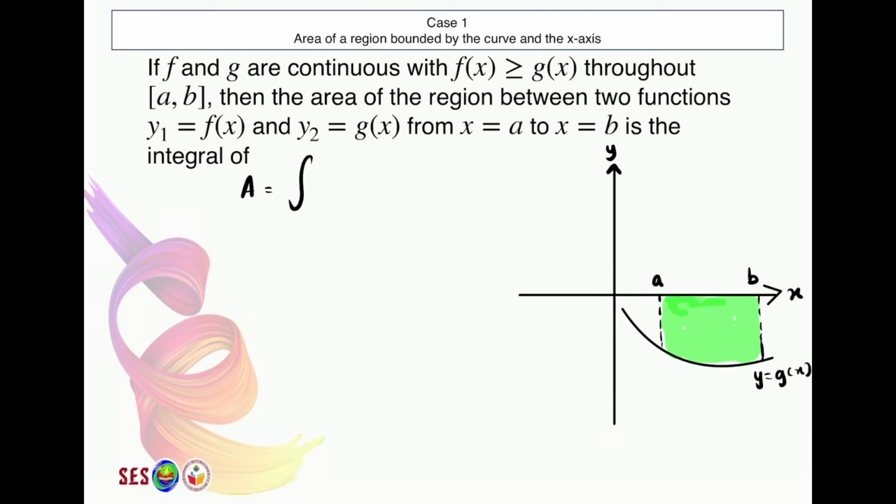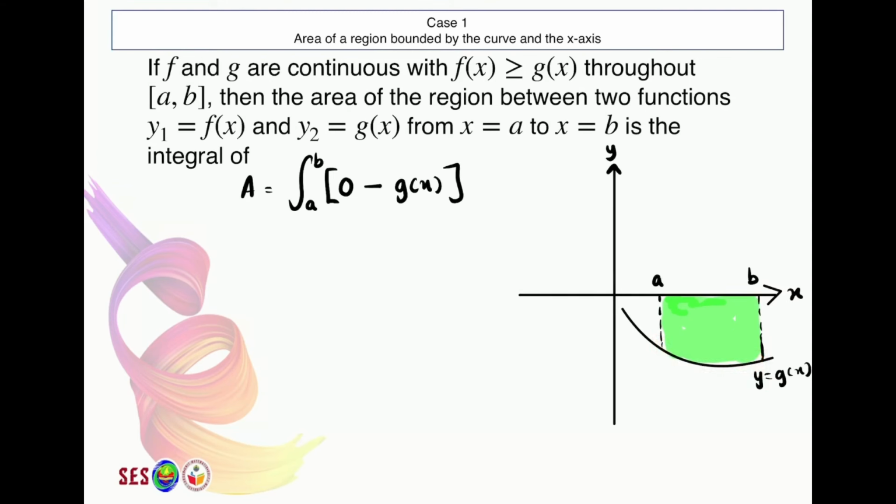In this case we are in the interval of a and b, and our upper function is y = 0 because we are on the x-axis, so we have 0 minus the lower function. Our lower function is y = g(x).